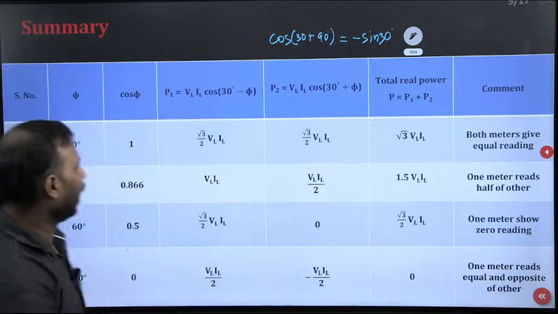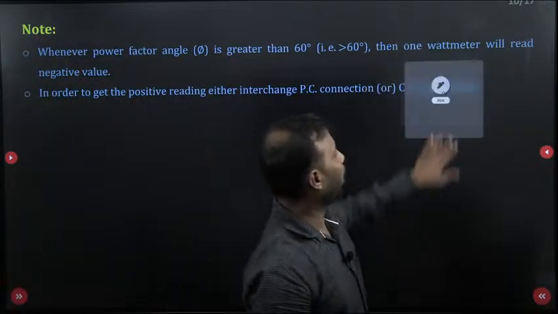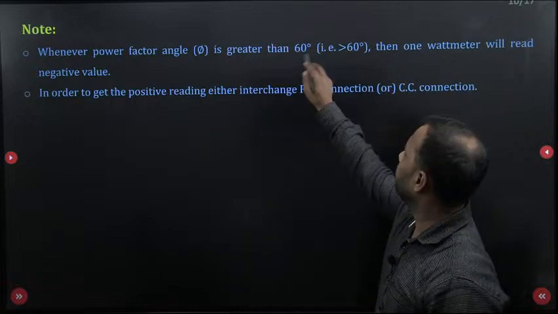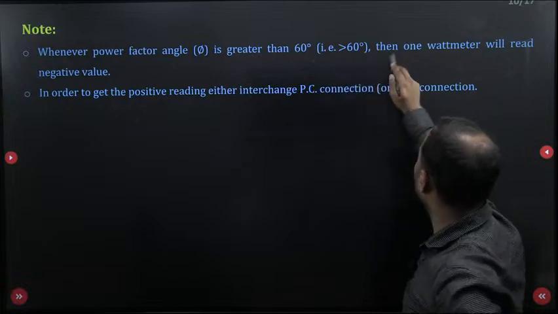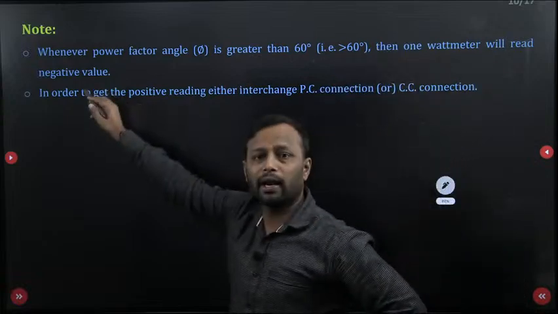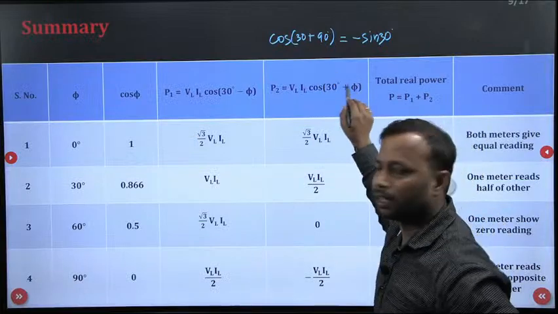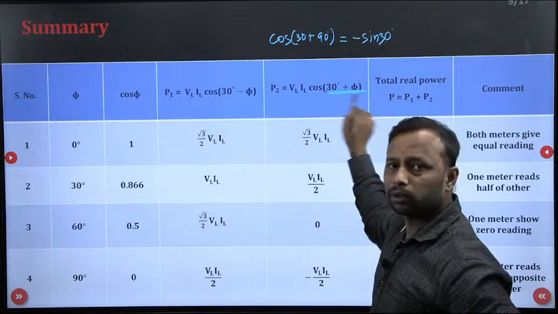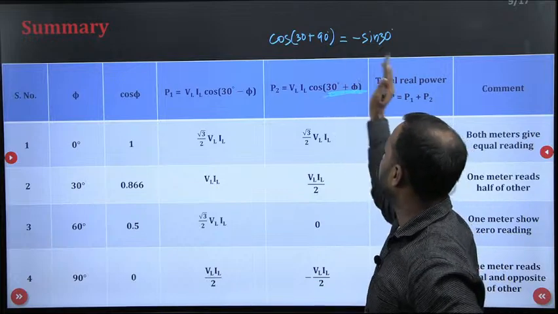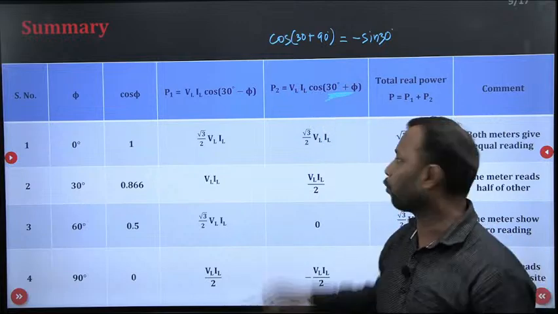Got the point? And one more thing, the key and important point: if the power factor angle is greater than 60 degree, then one wattmeter will read a negative value. Why? Because if this is greater than 60, then the angle here will be more than 90, and anything more than 90 will give you a negative value for the cos.